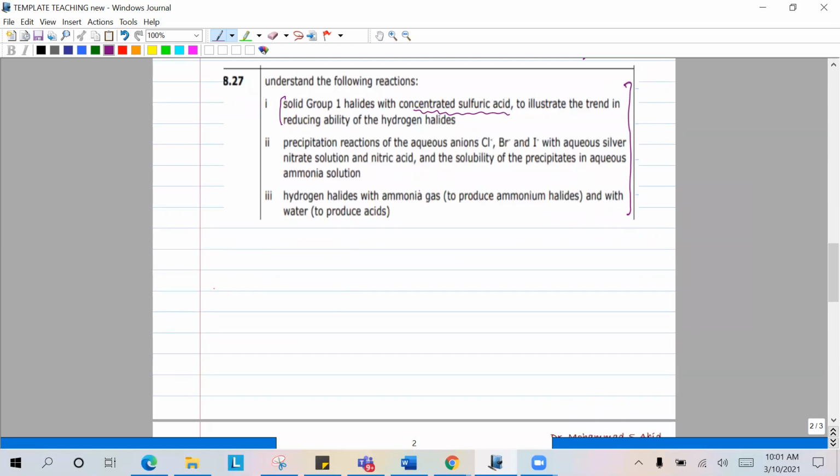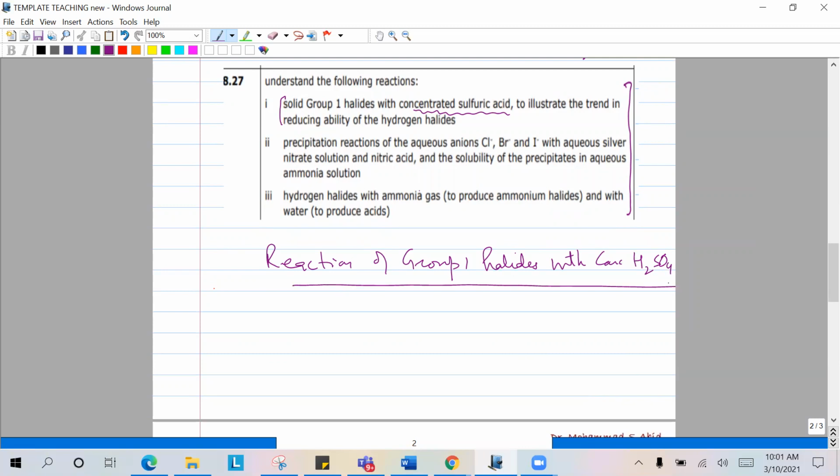So over here, what we will do is we will try to do the reactions of group 1 halides with concentrated H2SO4. So we are doing the reaction with concentrated H2SO4.